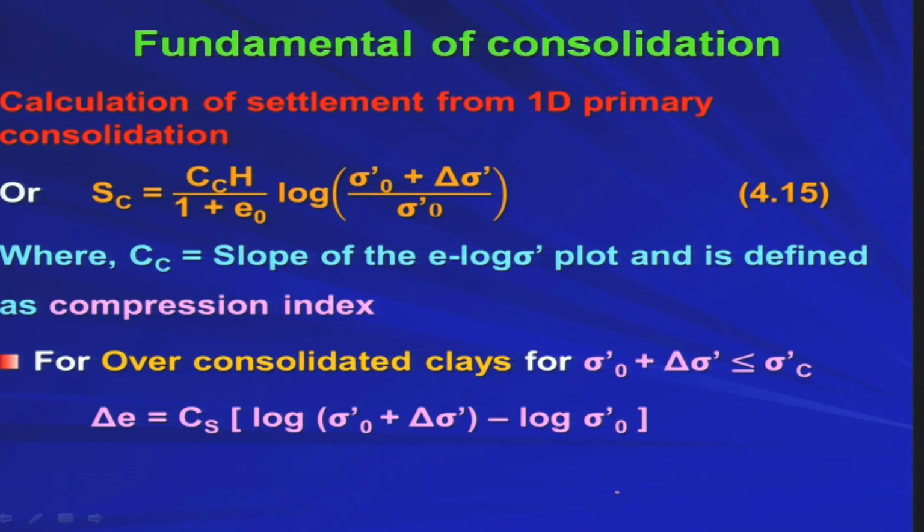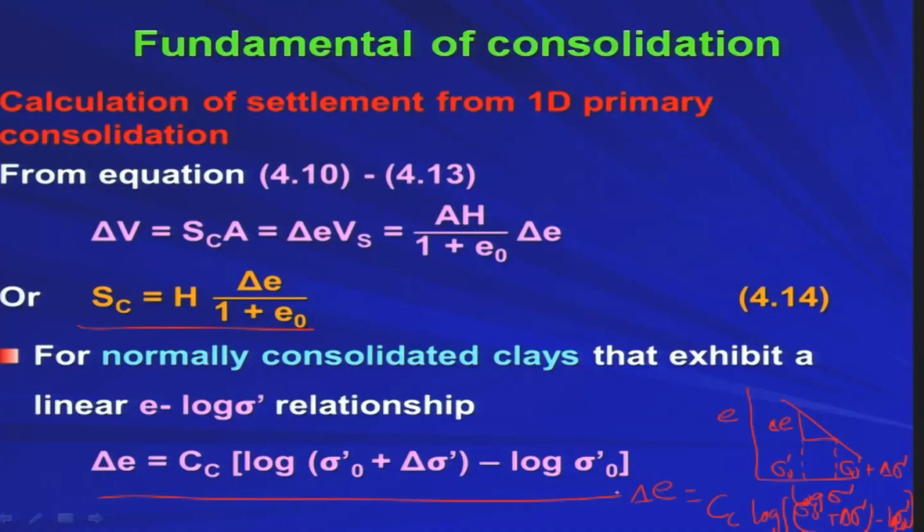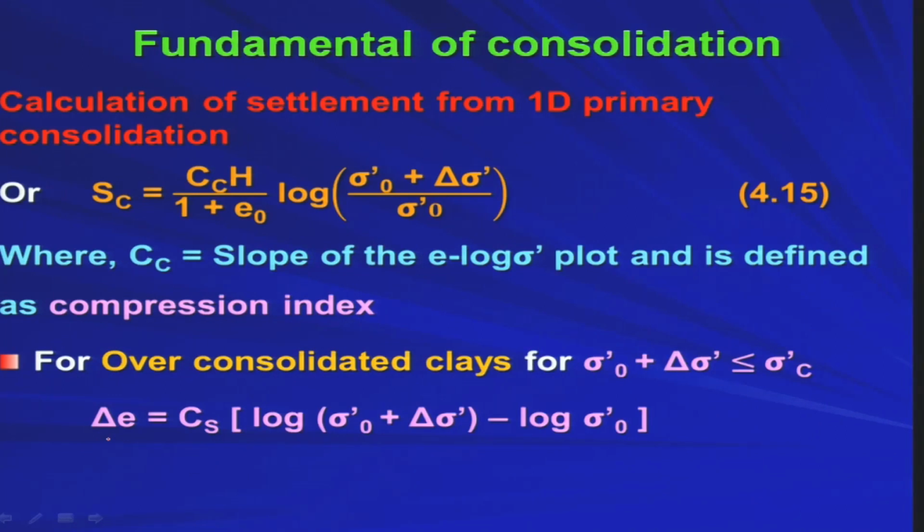Therefore, S C can be written as C C into H by 1 plus e naught. If you go back to the expression S C equal to H into delta e by 1 plus e naught, in place of delta e we put this expression, and we get S C equal to C C into H by 1 plus e naught into log of sigma naught prime plus delta sigma prime by sigma naught prime.